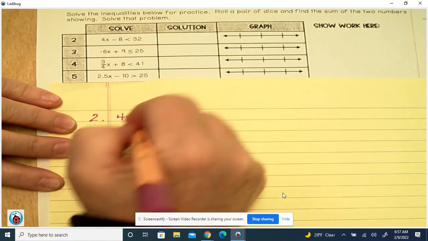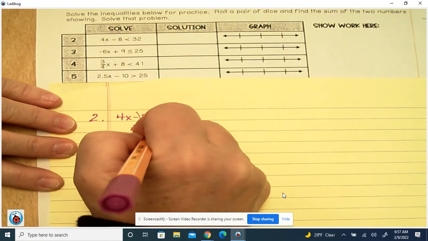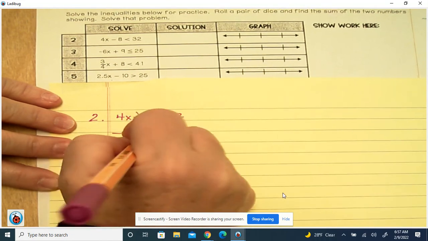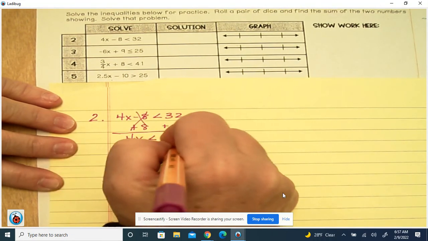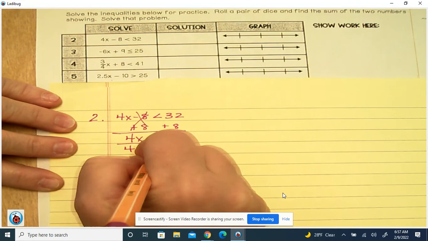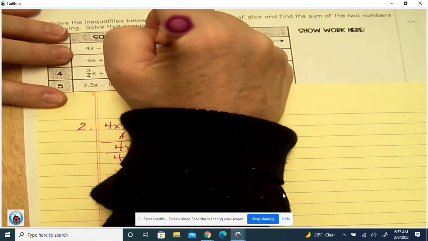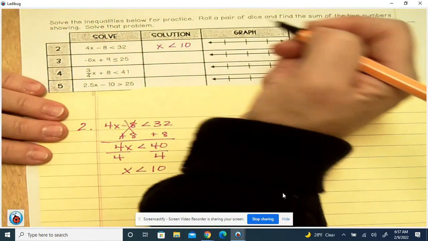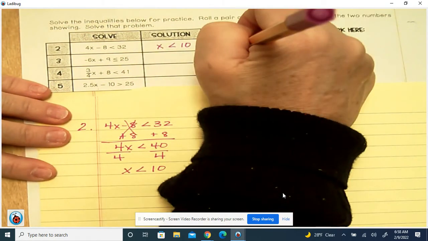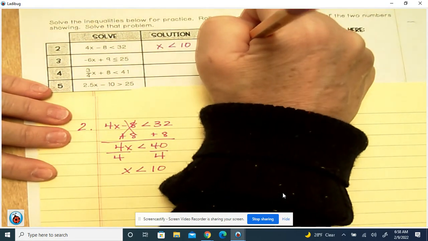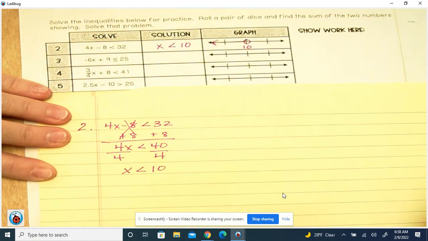And these cancel out. We have 4x is less than 40. Divide by 4 to get the x by itself. X is less than 10. So the answer here is x is less than 10. We've got 10. It's going to be an open circle shaded to the left.